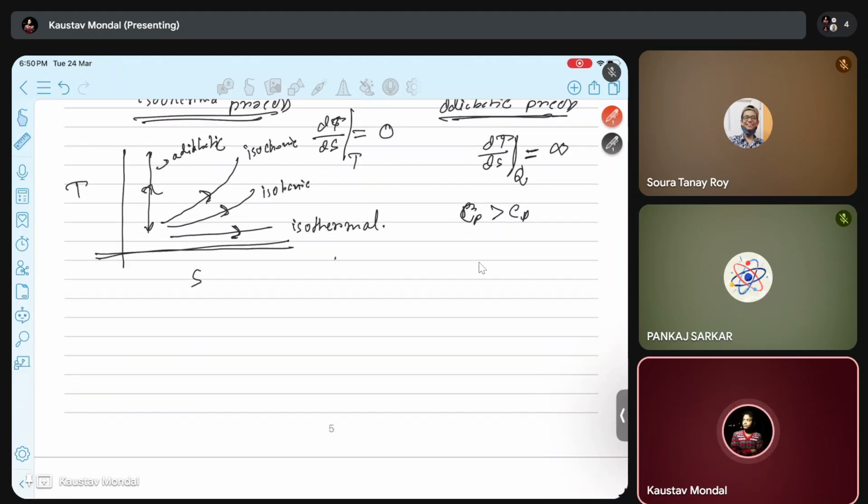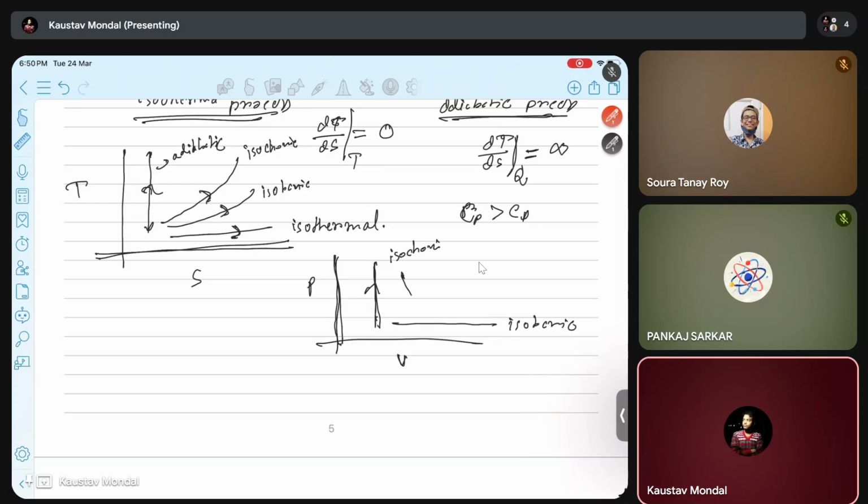In the PV diagram, the isochoric process is a straight line along P, isobaric looks like this, the adiabatic process looks like this, and the isothermal process looks like this.